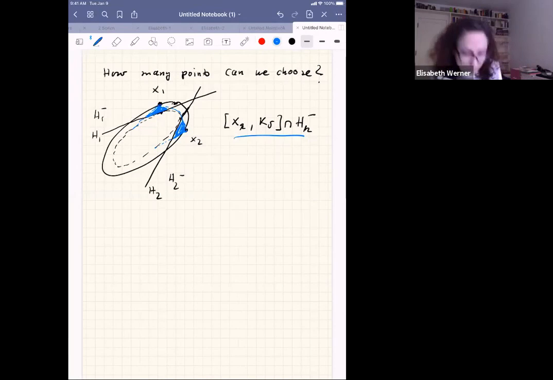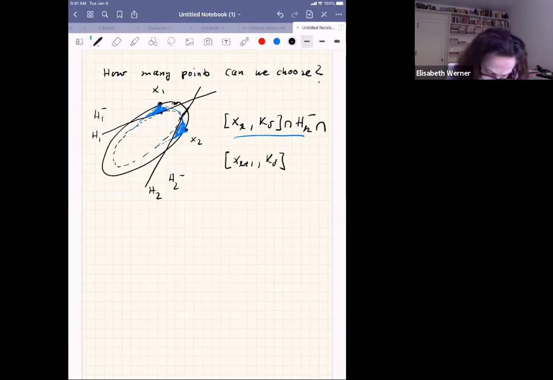And we see by construction, because those hyperplanes were supporting hyperplanes to the floating body, that this cone intersected with the convex hull of xk plus 1 with K delta intersected with Hk plus 1 minus, this intersection is empty, like I have indicated here in the picture. So that's the first observation. So note first this one.